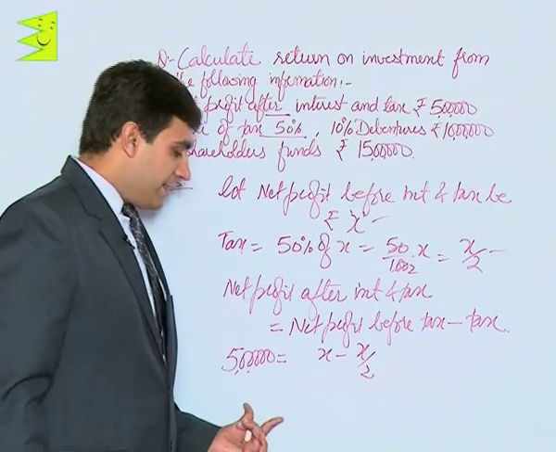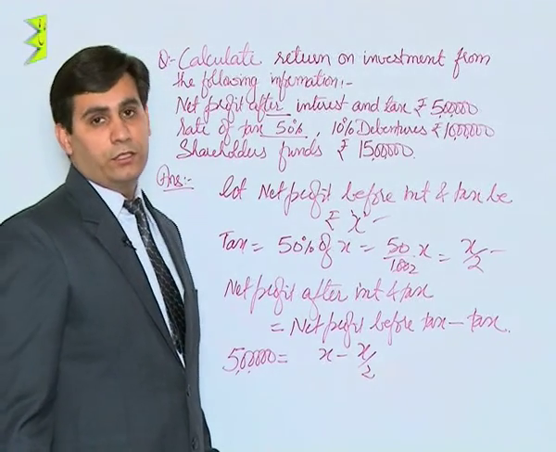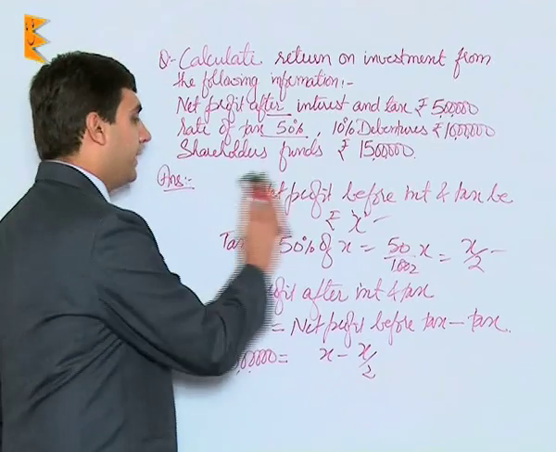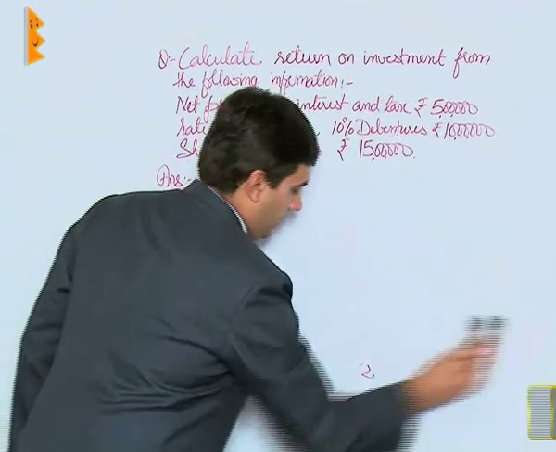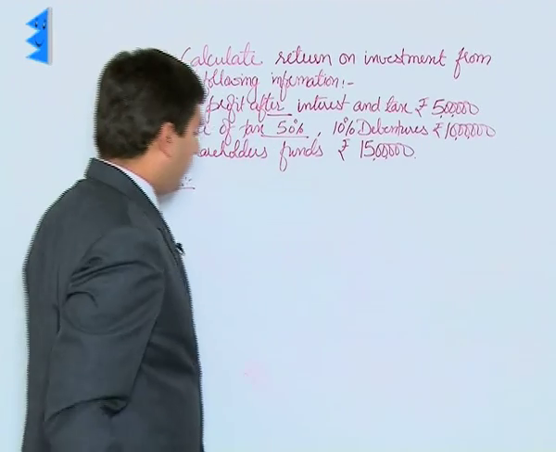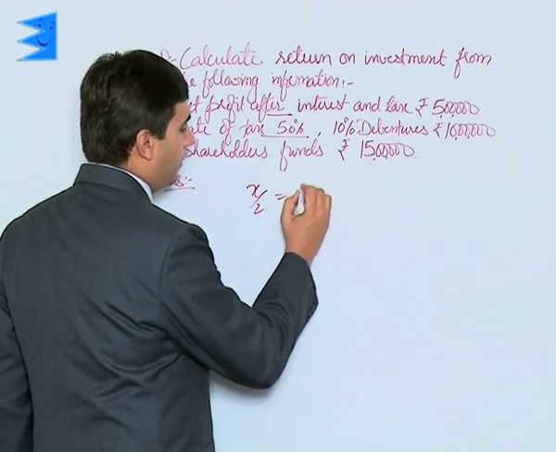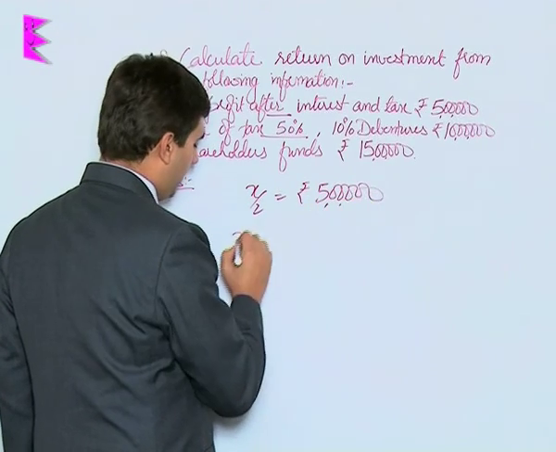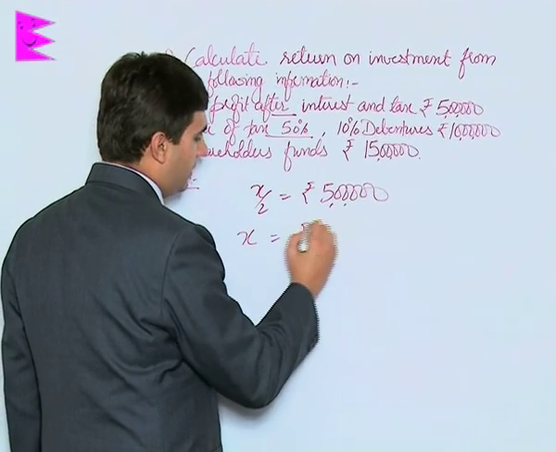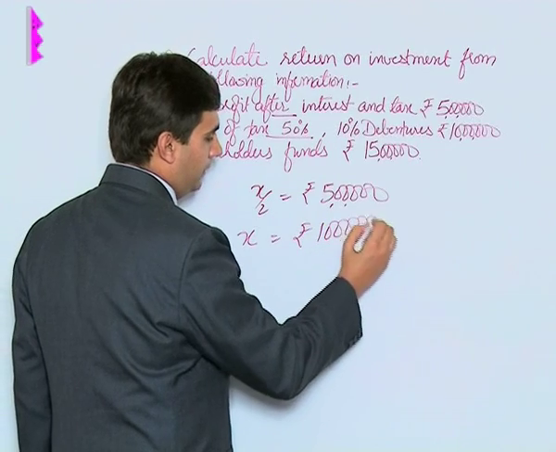So students, 5 lakh is equal to X minus X by 2. Calculating it, we will get X by 2 is equal to rupees 5 lakh, and on cross multiplying, X is equal to rupees 10 lakh.